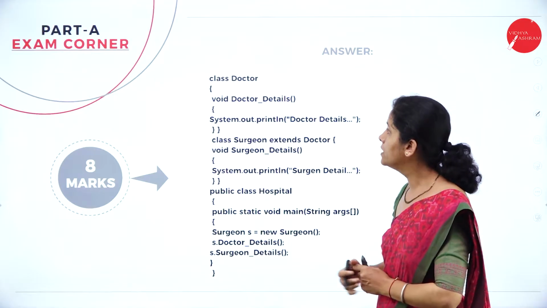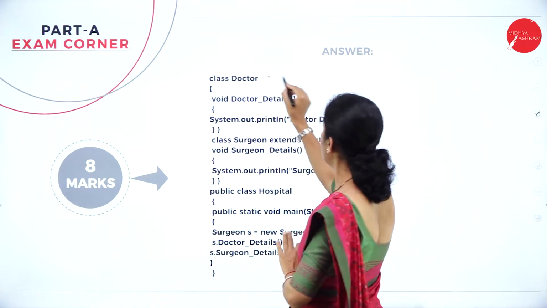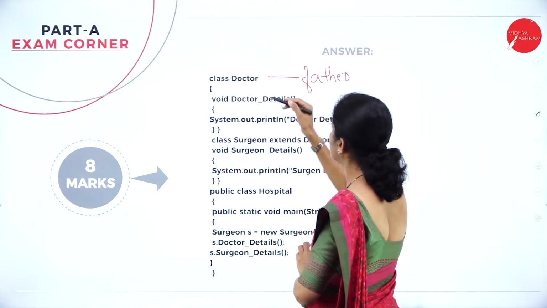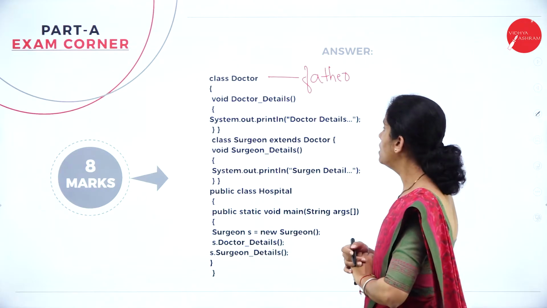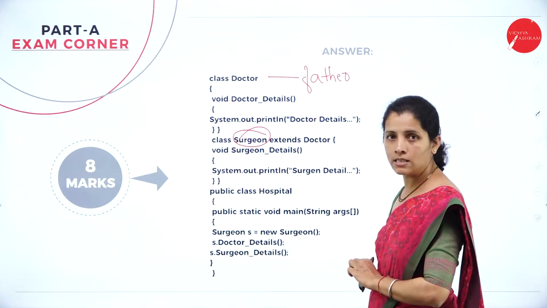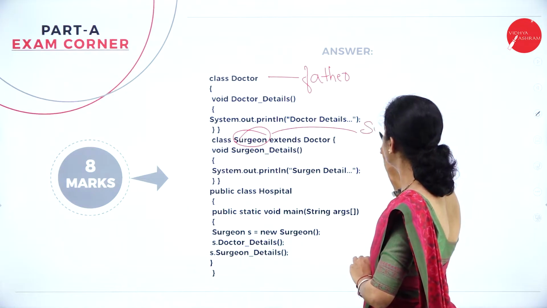Now, this is the simple example. So, which is my parent class? That is nothing but Doctor. And I'm going to have the class called Surgeon, and this is my son.